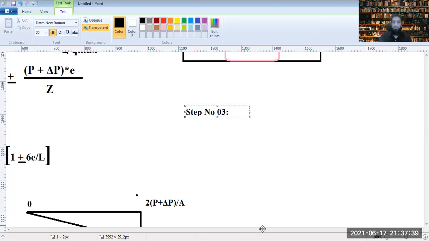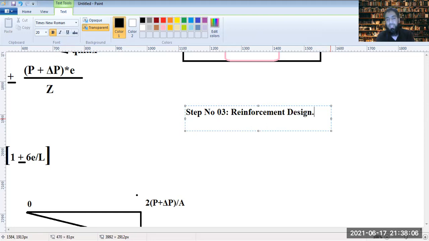So what about the reinforcement? The reinforcement is then provided, but it's based again on the flexural capacity of the section, the reinforcement design.